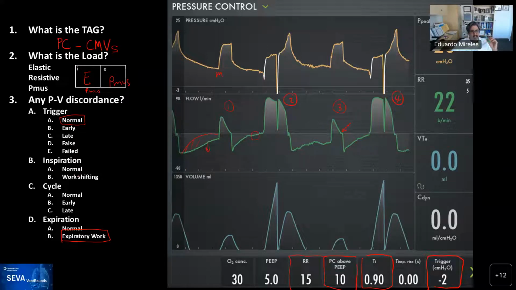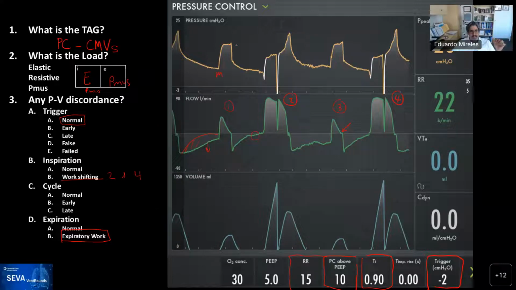During inspiration, there is evidence of work shifting in breath number 2 and breath number 4, and we know that by two features. The first one is the drop in the pressure, even though the machine is trying to pressurize the system with 10 centimeters above PEEP, and the PEEP is set at 5, so this should be around 15.